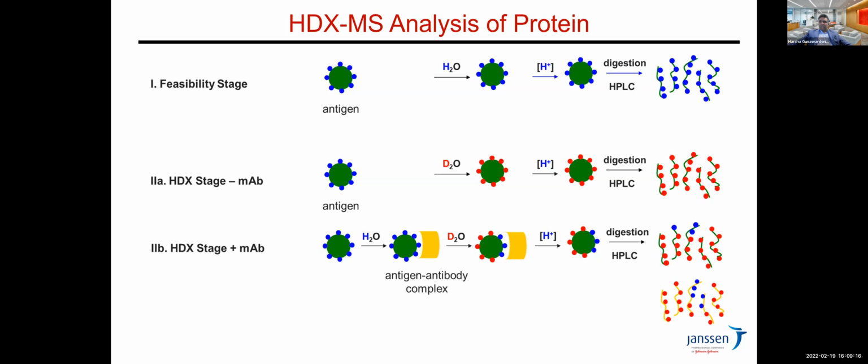And we perform LC-MS, and we then perform HDX in stage 2 and 3 under the same conditions as the feasibility experiment, but in the absence as well as the presence, in this case, of the binding partner, which is the antibody. We can then determine the regions of the antigen that have stable hydrogen bonding by looking at the deuterium uptake plots.